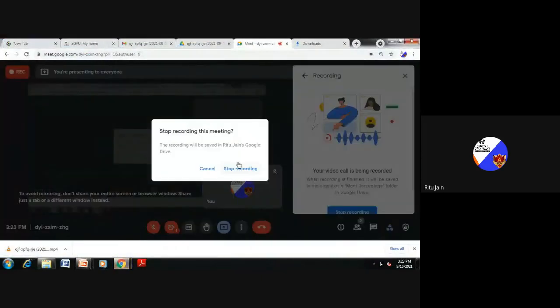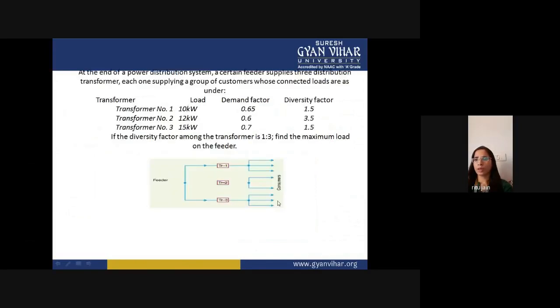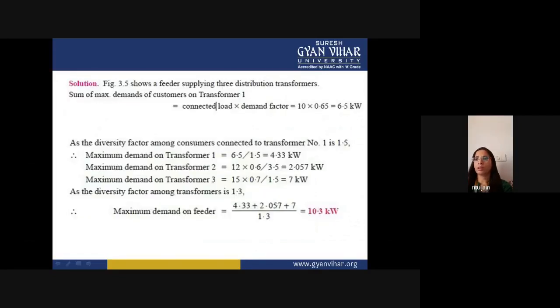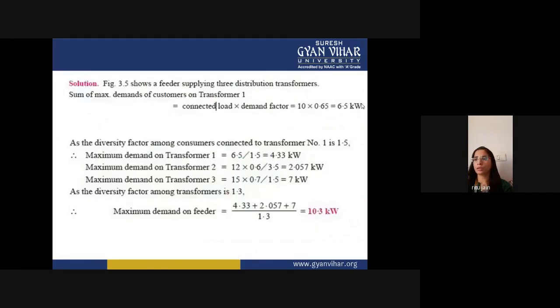Peak load of the transformer. Here you already calculated the maximum demand of the transformer, and the diversity factor is also given. So maximum demand is divided by diversity factor, and you can get the maximum demand of transformer 1.